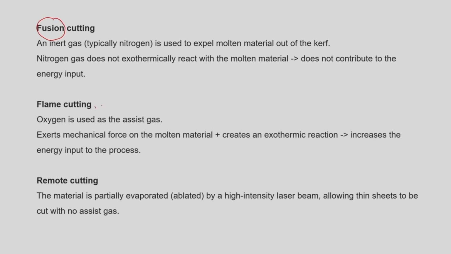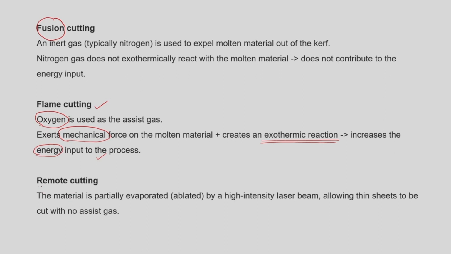As far as flame cutting is concerned, we are using oxygen. Oxygen is not only expelling the molten material, it is applying mechanical force as well during the metal cutting, and it is creating an exothermic reaction during the application. Due to this, there is an increase in the energy input as well. So, when we are using oxygen, that oxygen is helping to enhance the cutting speed, the cutting capability of the process.